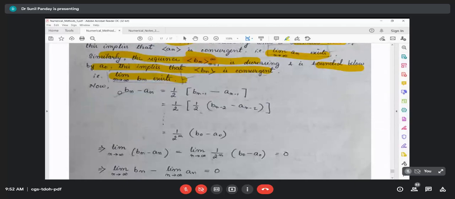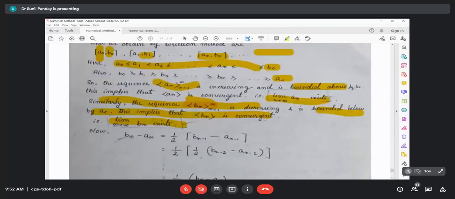Now we go to our first interval. We talk about only these two, and then you can imagine the others.